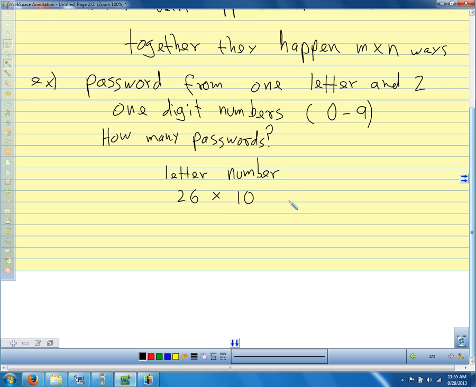And how many numbers can we pick for the third? We're allowed to repeat, so 10 again. I multiply those together and get 2,600 possible passwords from one letter and two one-digit numbers. Those numbers get big really fast.